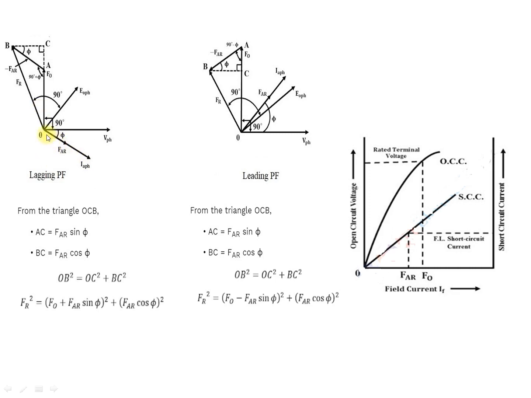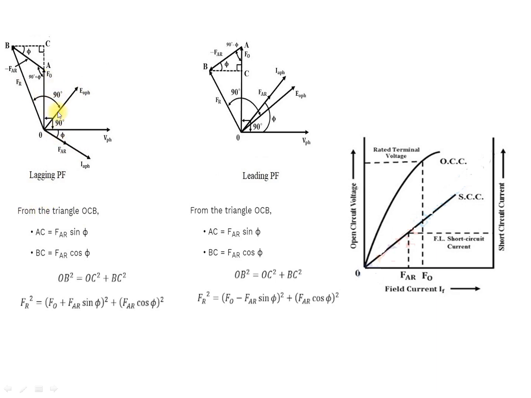So I will be taking this particular FAR as a negative one, and I will be drawing that value over here as a negative FAR. After drawing this, I can join these two, F naught and FAR, as a single one as FR. From this FR, I will be drawing a 90 degree line to this particular E naught phase. So this is the required E naught value which is given for this particular load of phi angle.